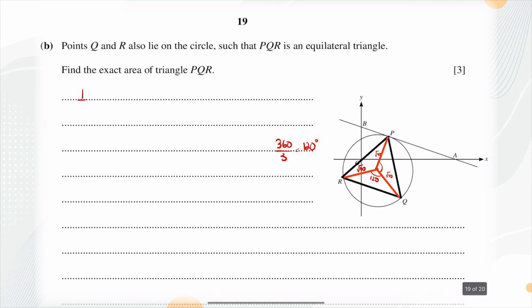Half ab sin C, and then is that it? Half into under root 40 into under root 40 into sine 120, and then don't forget to multiply it by 3. Make sure to write down what you're doing.